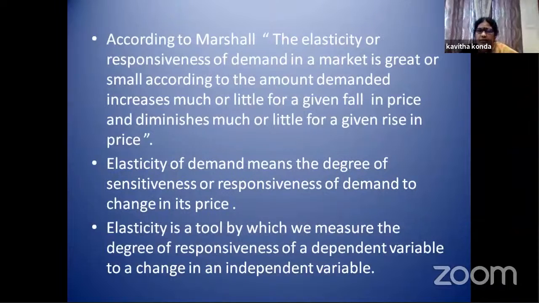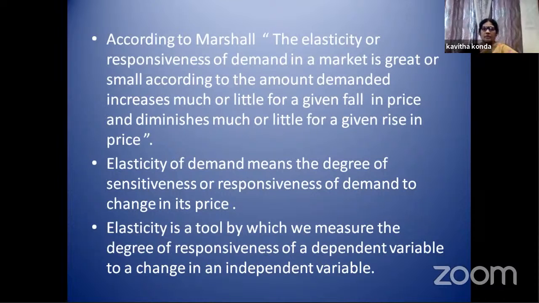For a little or much fall in the price, how does the demand change? How does the demand respond, does it rise or decrease, much or little? At what level does the demand decrease or diminish? It can be shown in this elasticity of demand. Means the responsiveness of the quantity demanded in a market is greater or smaller, depending on the little or more change in the fall in the price.